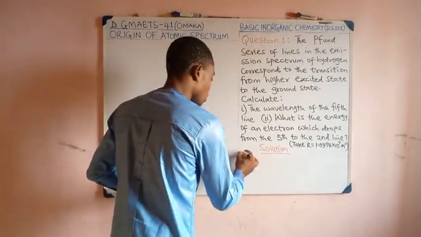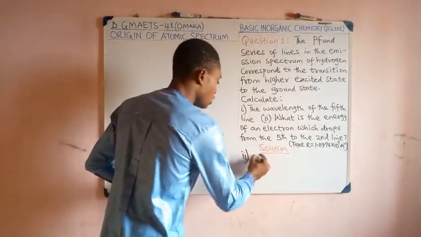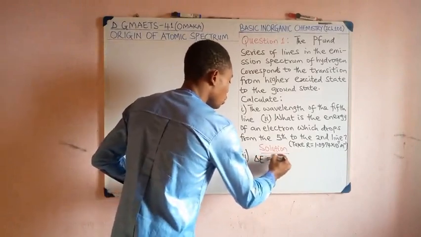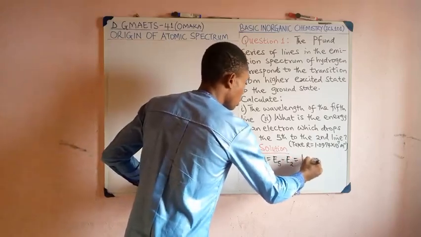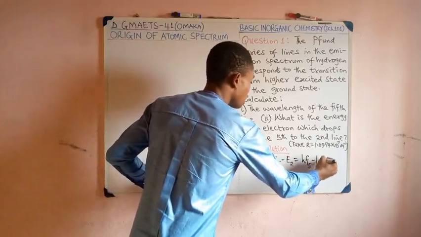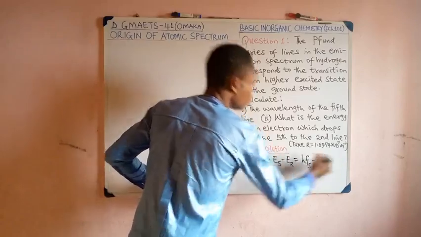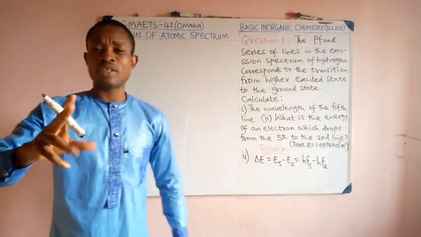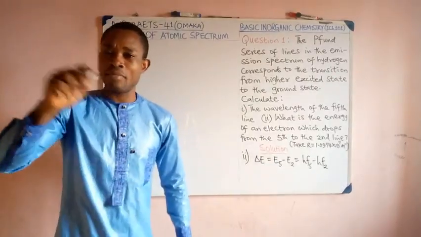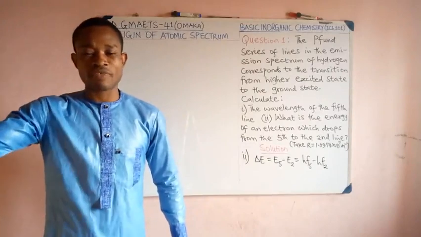So we're going to write the second part of the question. The energy change, which is now going to be E5 minus E2, will be equal to hf5 minus hf2. So this is going to be the formula we would use. You remember where we established one formula, En minus E0 equal to hfn.